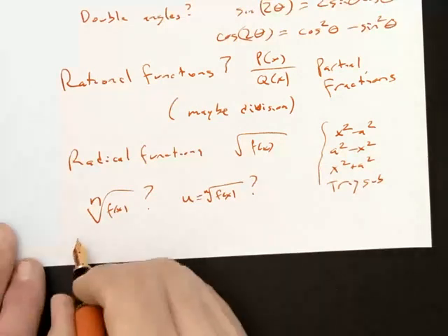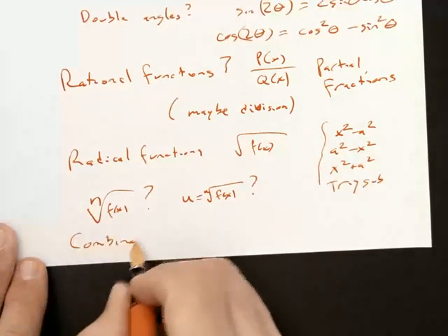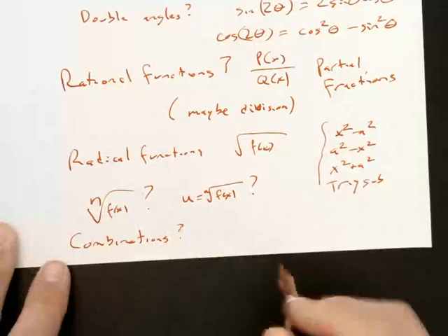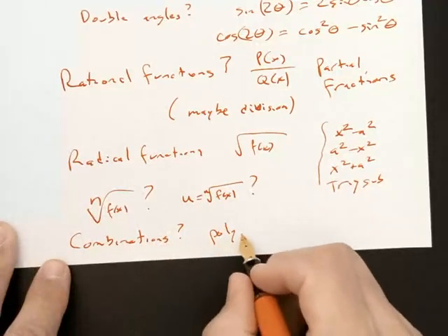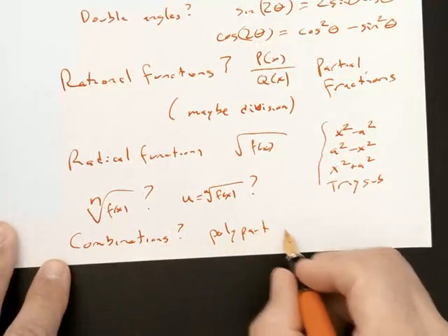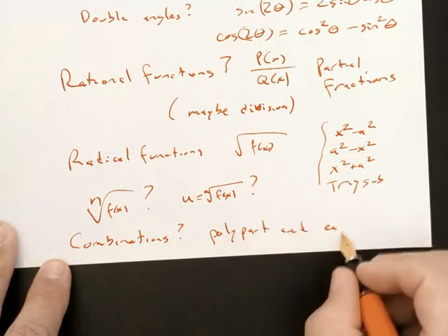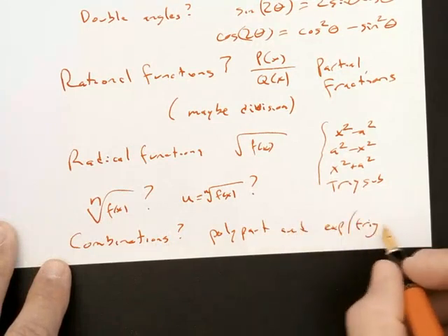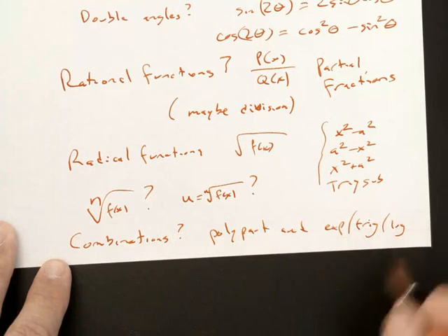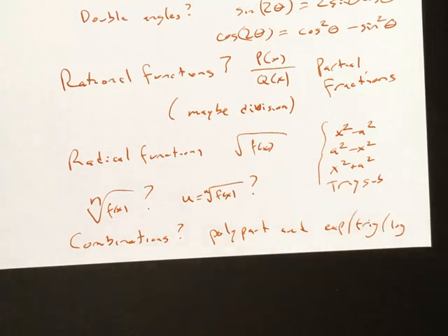What if I have a combination? You know, a polynomial part and an exponential or a trig or a logarithm or something else. What should I do then? I even put the word in it, parts.